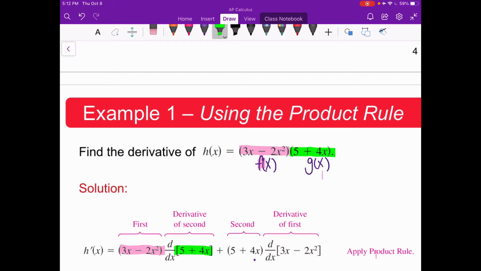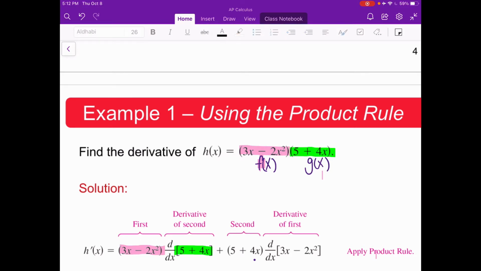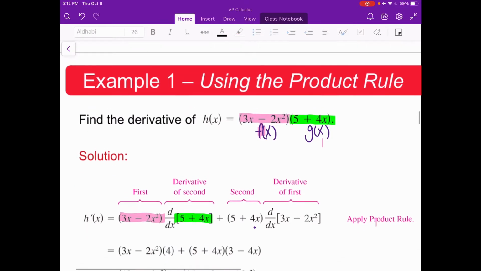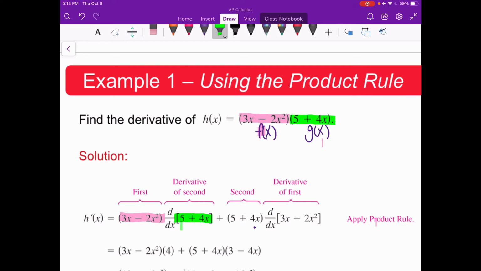Then you add that to, reverse it, the second function times the derivative of the first. So now actually taking the derivative here, the derivative of 5 plus 4x is just 4. And for the second part, the derivative of 3x minus 2x squared is 3 minus 4x.